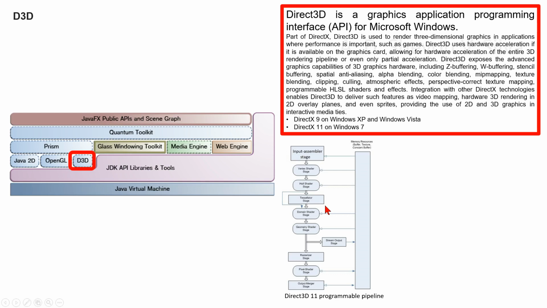Tessellation tiles or breaks up higher order surfaces into suitable structures for rendering. Geometry shader stage. The geometry shader, GS, stage runs application specified shader code with vertices as input and the ability to generate vertices on output.